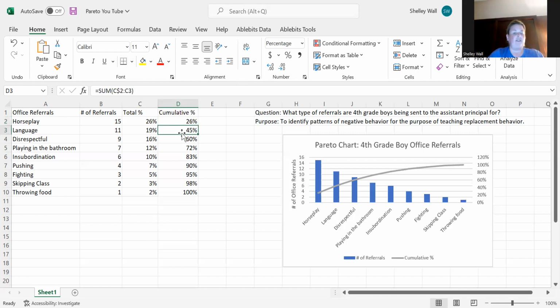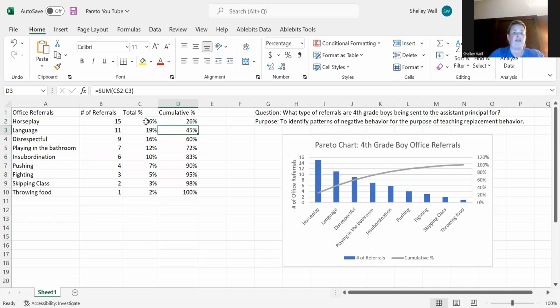Now I need the cumulative percent of language as opposed to these office referrals, so your formula is equals sum, open parentheses, C2, which is right here with the first one, and C3.